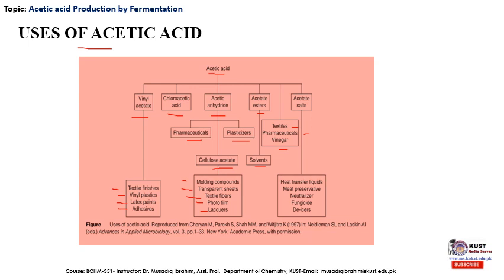Now the acetate salts, which are formed by the reaction of acetic acid with acid and base, are used in heat transfer liquids, used as a meat preservative, also used as a neutralizer, fungicide, and for the purpose of de-icing.